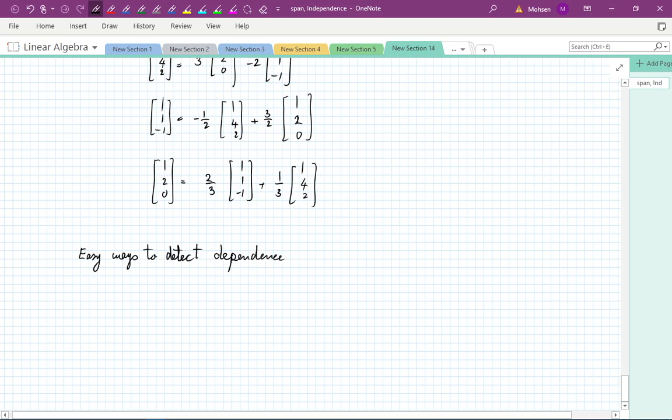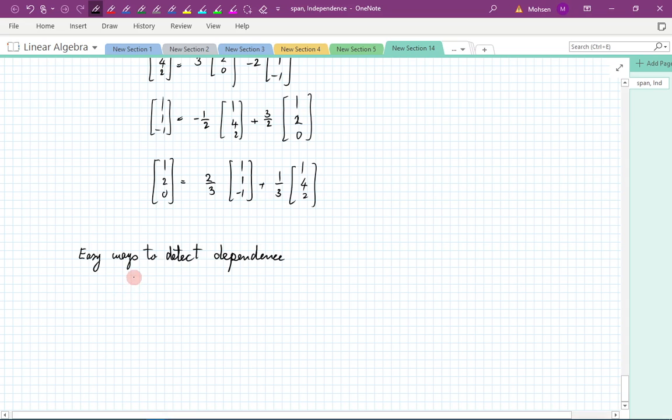There's no easy way of detecting independence, except perhaps for just 2 by 2 vectors. But in the case of dependence, there are some easy ways.